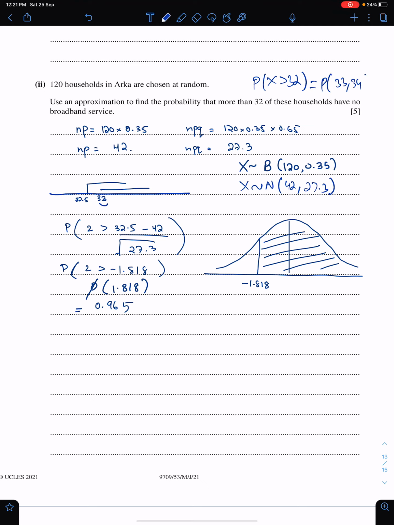These are the possible integer values, so 33. Whenever we go on this side, we take the lower bound. So (32.5 minus 42) over under root 27.3. So we need this area. Make sure you give your answer up to 3 significant figures.